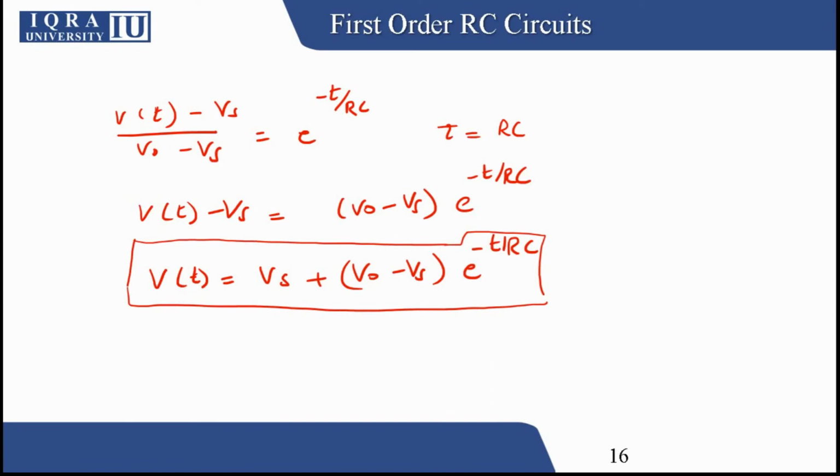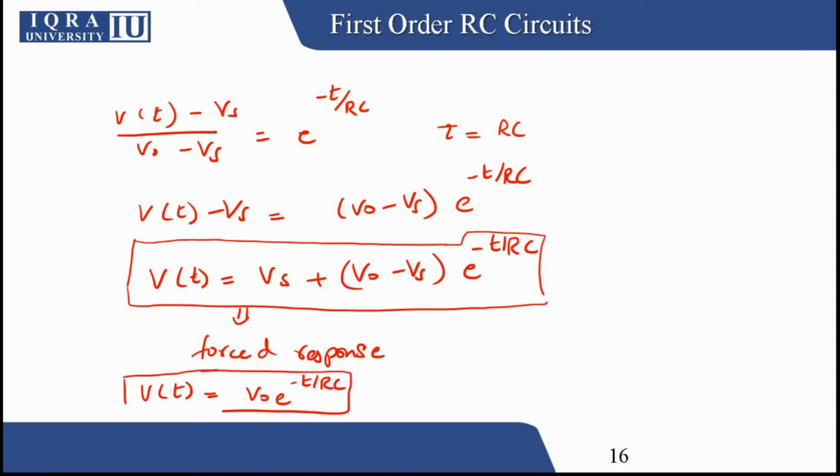So this equation is a forced response, and if we have the equation v of t equals v naught e to the power minus t over RC, this equation is a natural response when the capacitor discharges its energy and the resistor dissipates that energy. So this is the natural response.